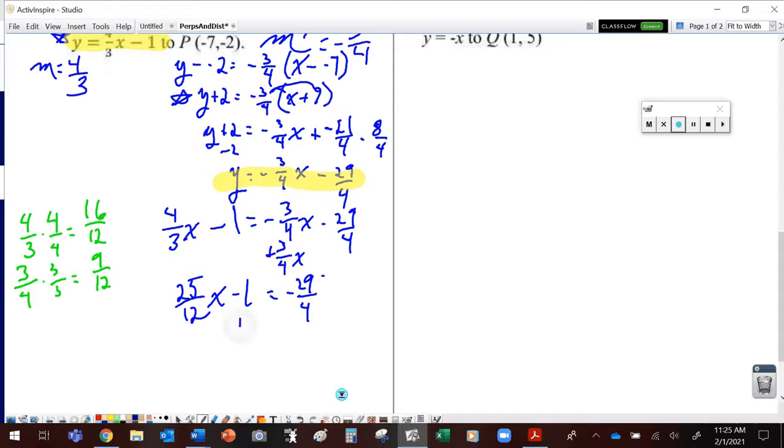Then we'll add this 1 to both sides, and I'm actually going to put this back over here. So if I add 1 to both sides, I've got 25/12 x equals, add 1, so that'll be 4/4, so that'll be negative 25/4.